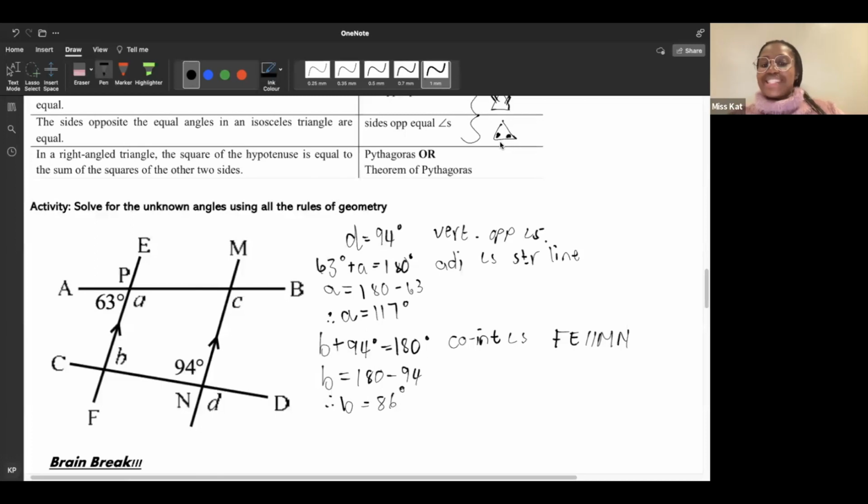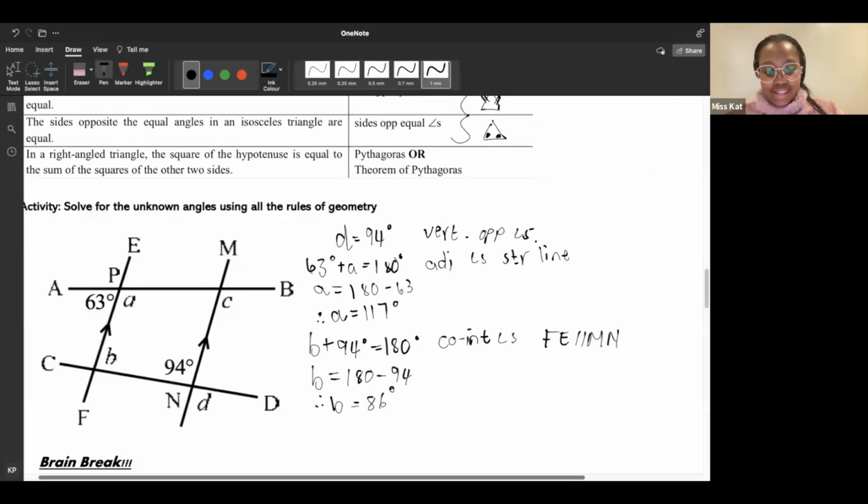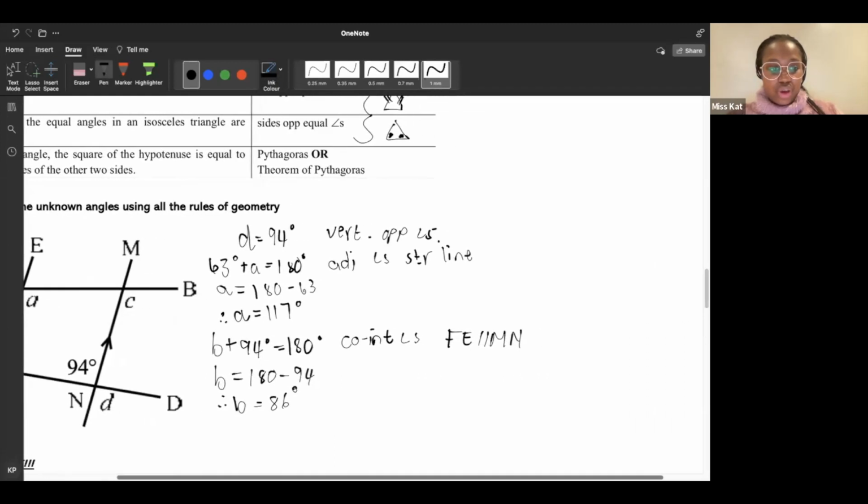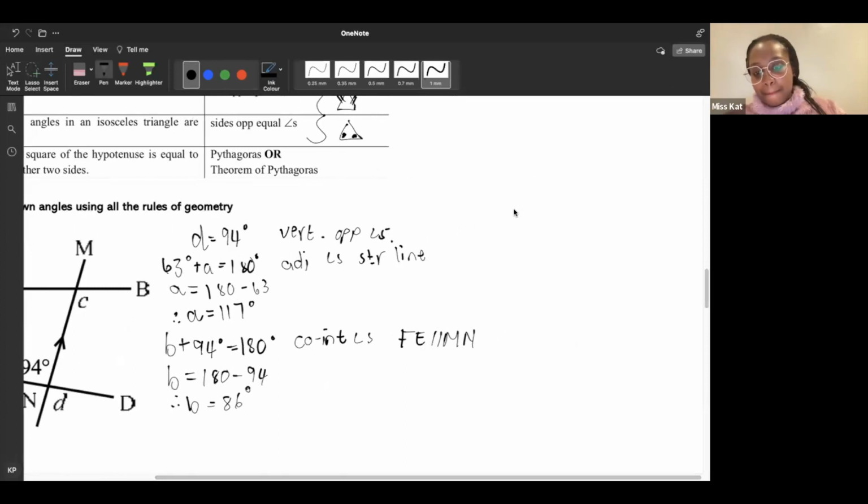Hello, ma'am. Hi, JJ. Can I do C? C is going to be corresponding angles. Beautiful. So how much is it going to be? It's going to be equal to A, 117, corresponding angles. And what are our parallel lines?